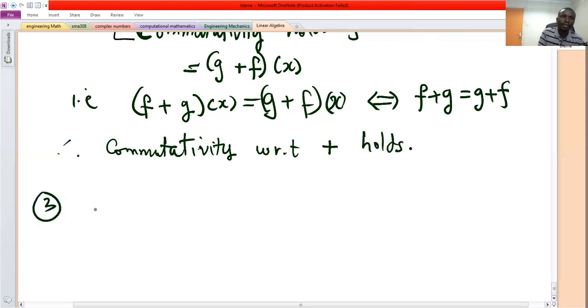Number 3, we prove associativity with respect to addition.